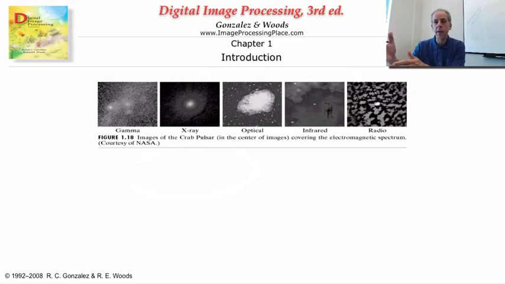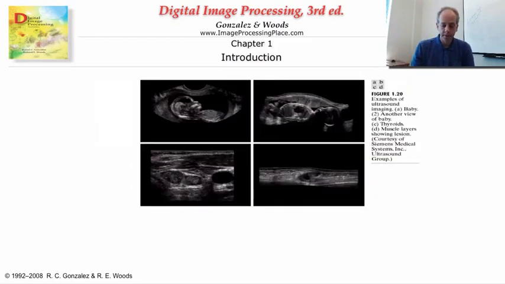The different modalities will give us different information about the same scene. We are observing the same scene, but with different modalities, with different cameras, to say it in one word, and we can obtain different types of information.